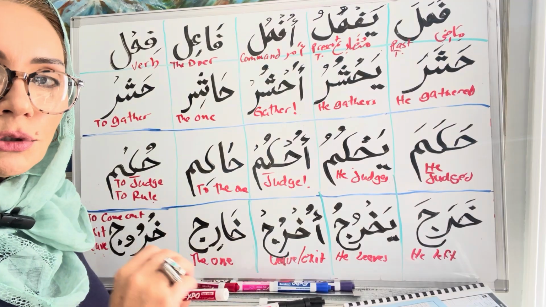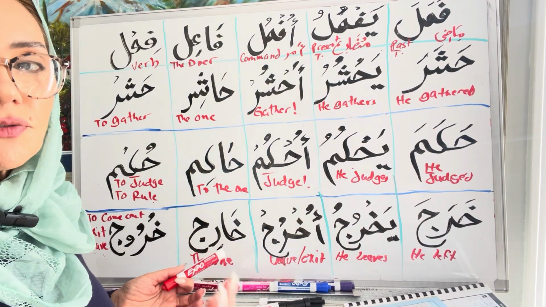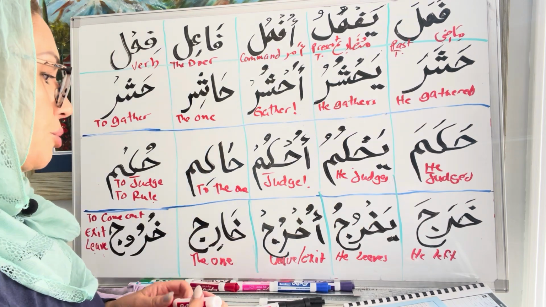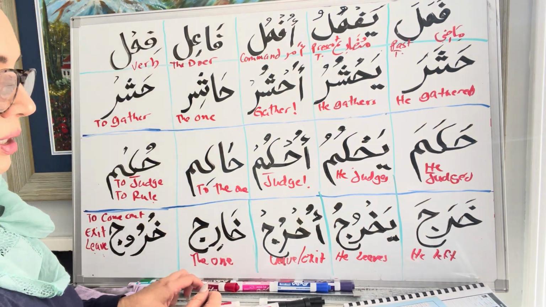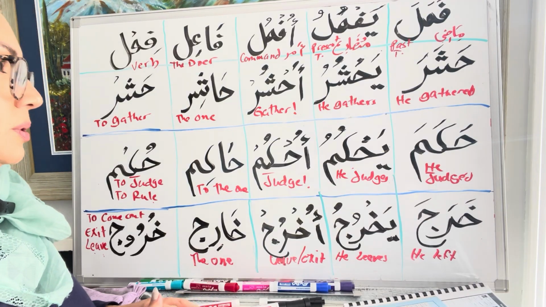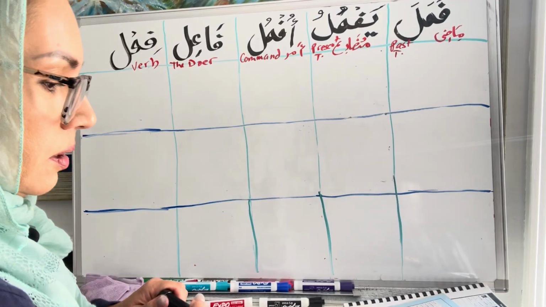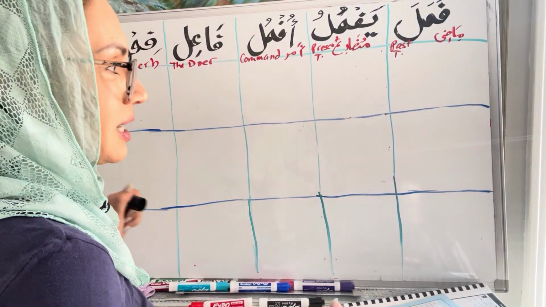So there, again, multiple meanings depending on the context of which is going to fit properly. All right, inshallah, we still have a few other verbs, so let's just clean the board and I'll be right back. Next word we have is khalada.